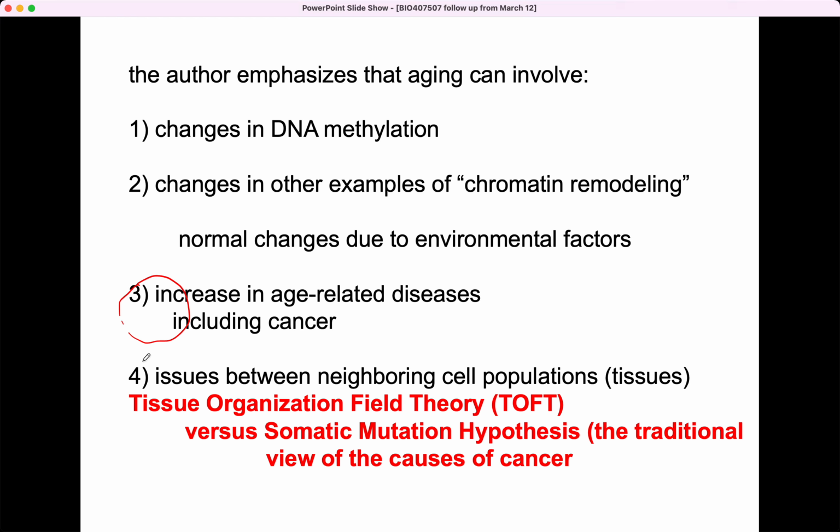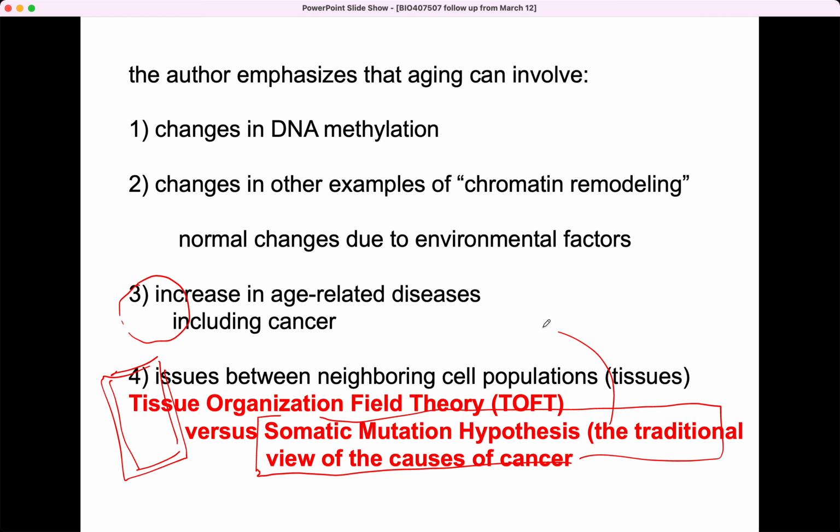And then the author really wants to go into, because they're developmental biologists, and this fits with some traditional developmental biology, they really want to take what is the traditional view of cancer, which is correct, and has taught us a lot about cancer biology, and we were just using here, that there are mutations that can lead to cancer.